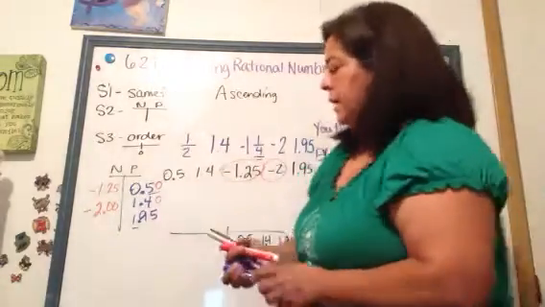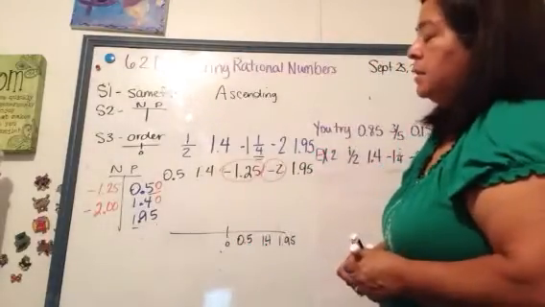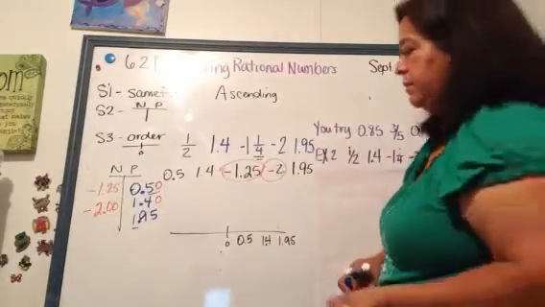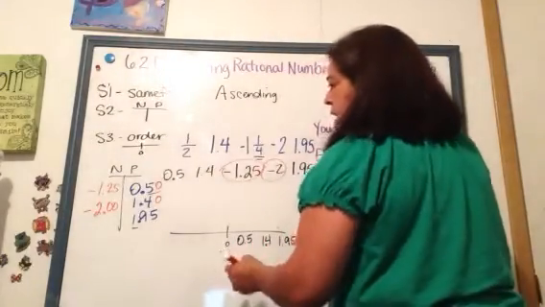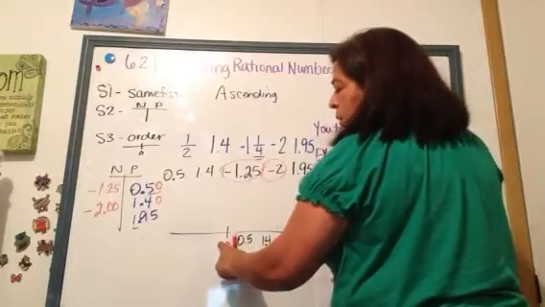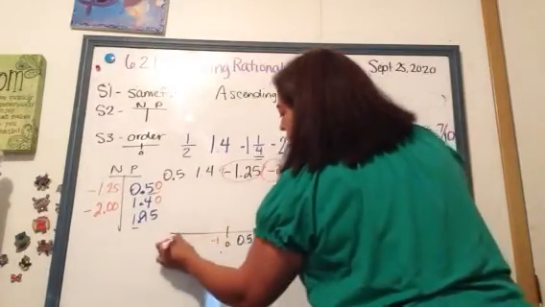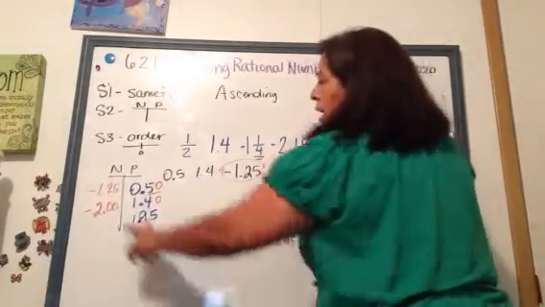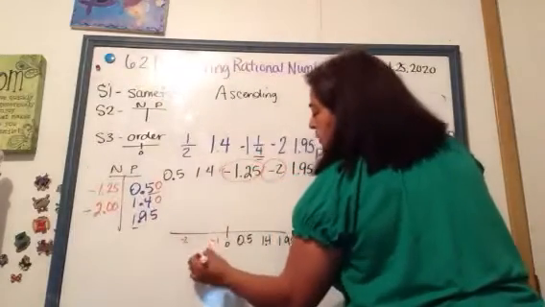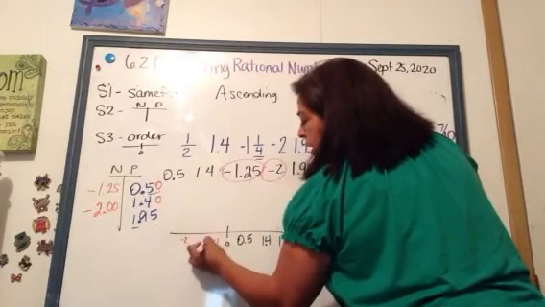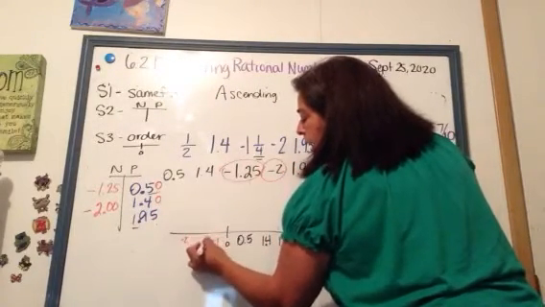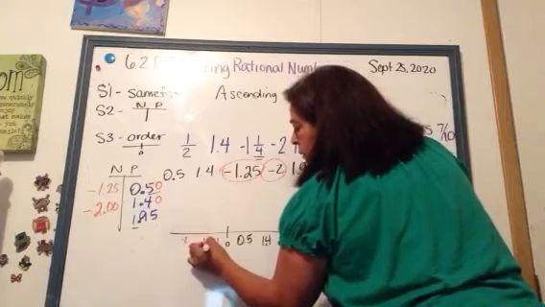Over here on the left side, I have negatives. So remember, think of it as which one is closer to 0. So if this is -1 and this is -2, I know that -1 and 25 hundredths is somewhere in here. It's on the left of -1 because it's a little bit more.